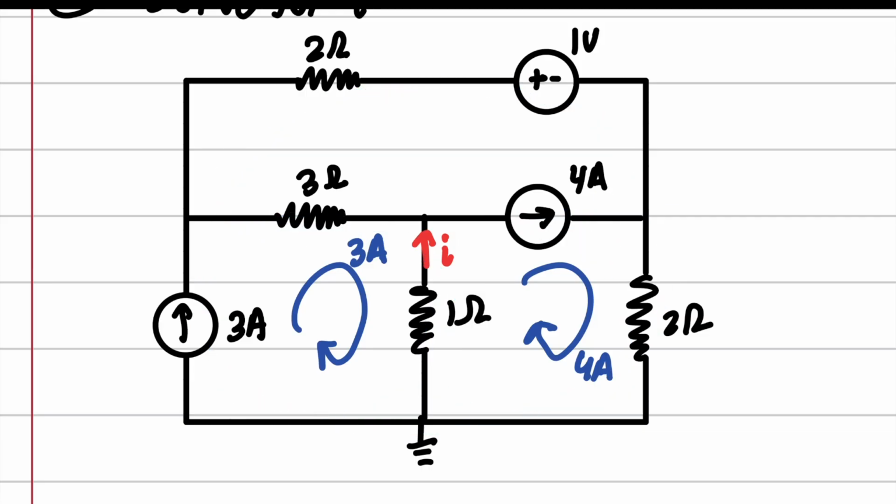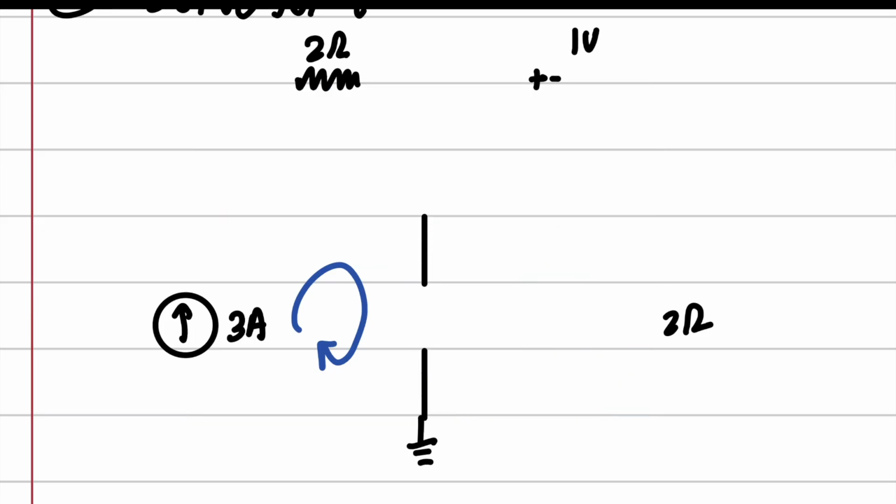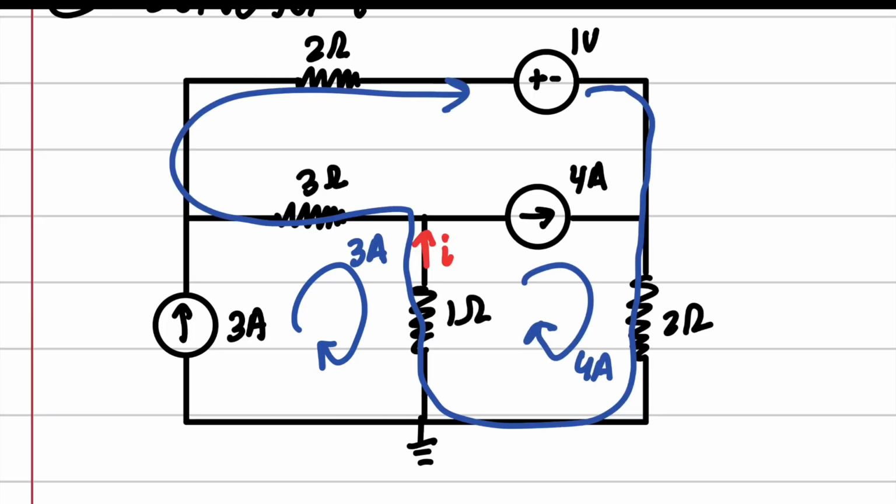So why don't we make a loop that encompasses this I, and it goes like this. Okay, all right, and let's call it I1.